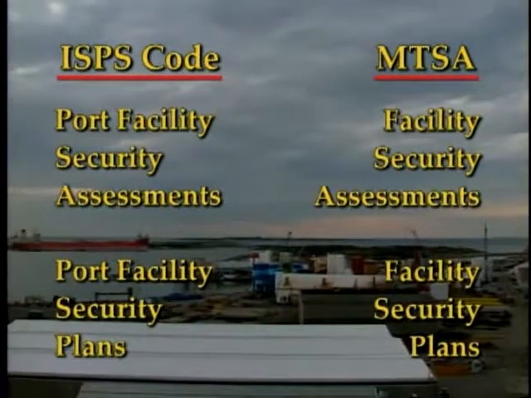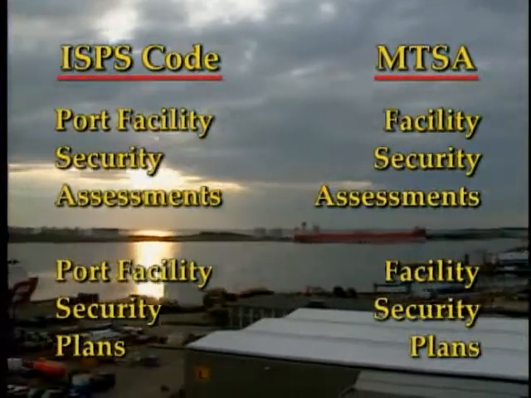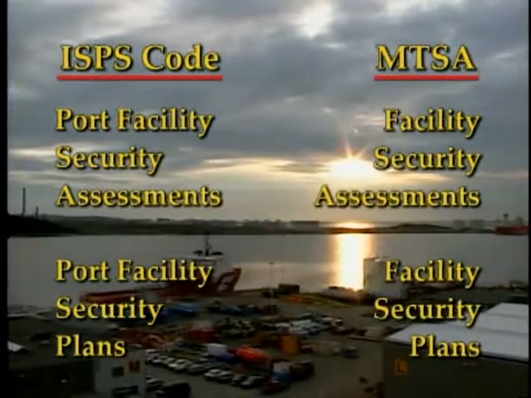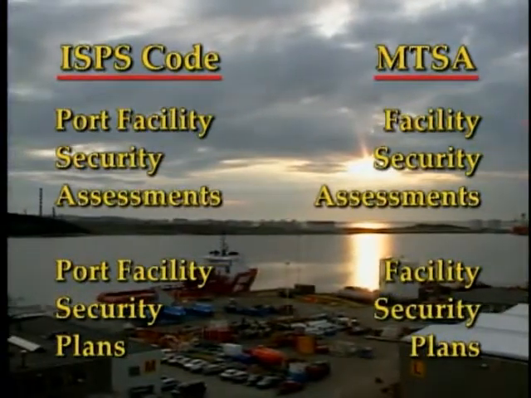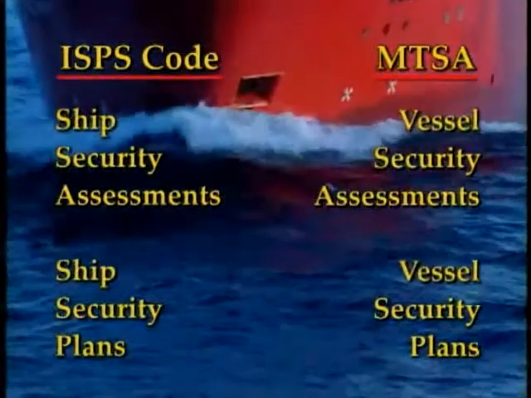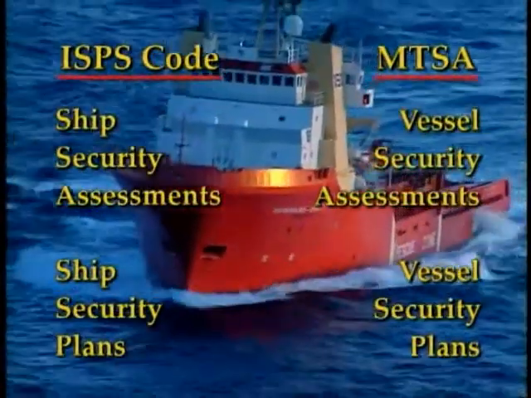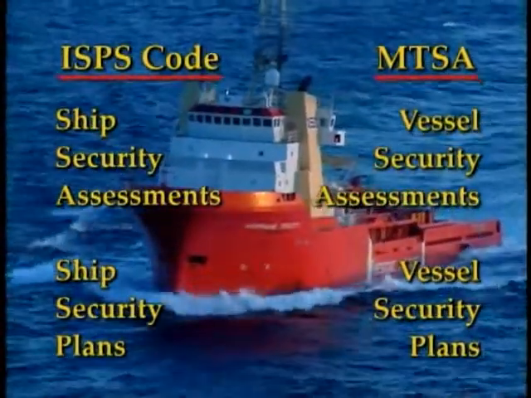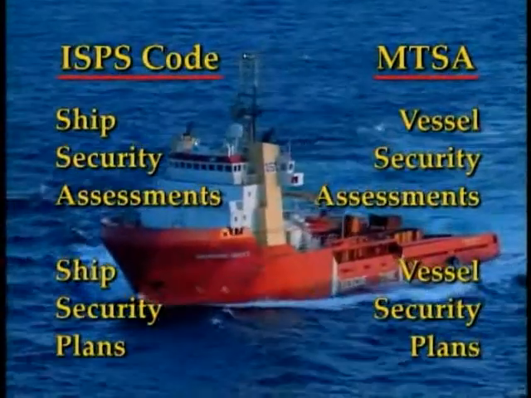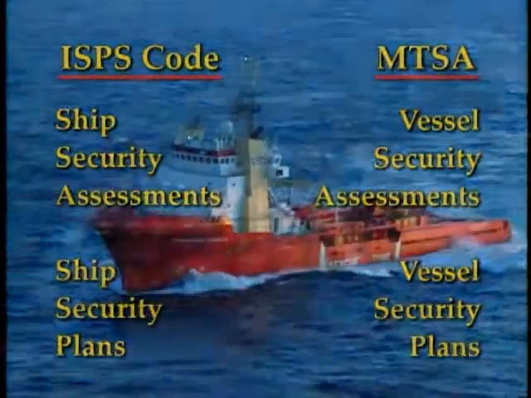ISPS code Port Facility Security Assessments, PFSA, and Port Facility Security Plans, PFSP, are, in the terminology of the MTSA, Facility Security Assessments, FSA, and Facility Security Plans, FSP. Likewise, ISPS code Ship Security Assessments, SSA, and Ship Security Plans, SSP, are equivalent to MTSA Vessel Security Assessments, VSA, and Vessel Security Plans, VSP.